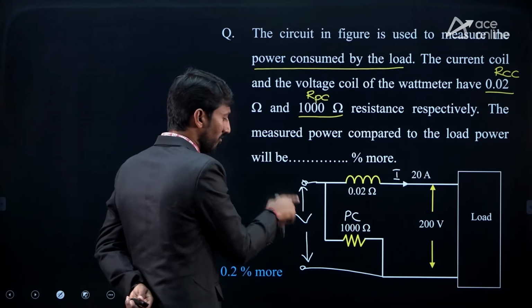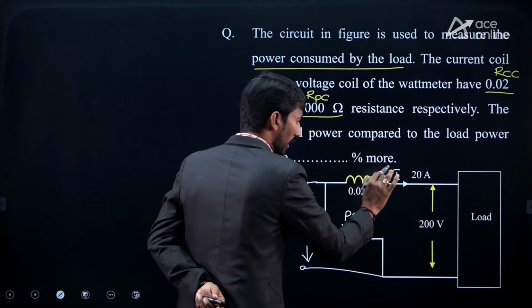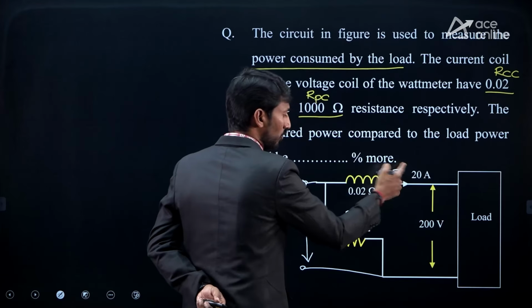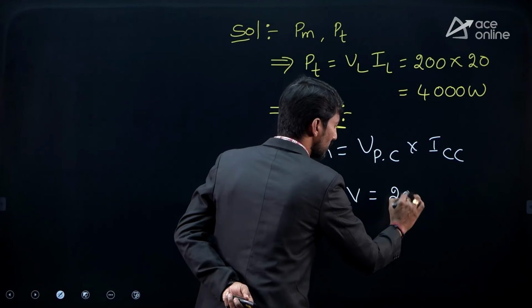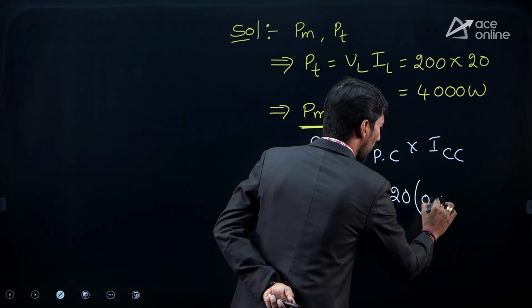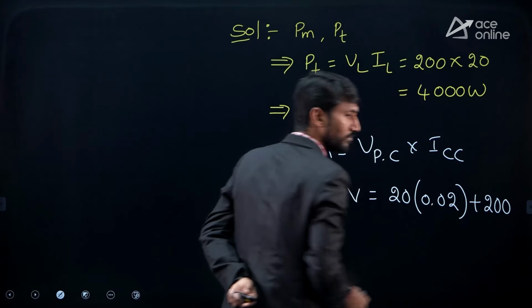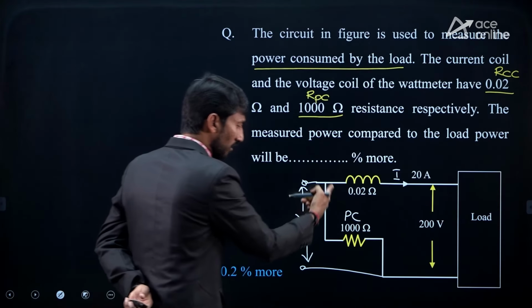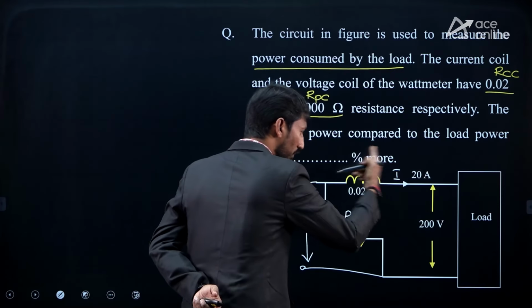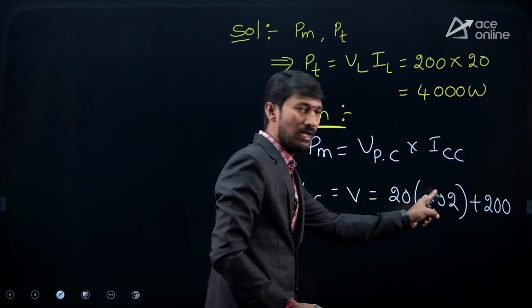So V equal to VPC equal to current 20 amperes into the resistance 0.02, plus 200. This is VL plus VCC. What is VCC? Current through it and resistance.